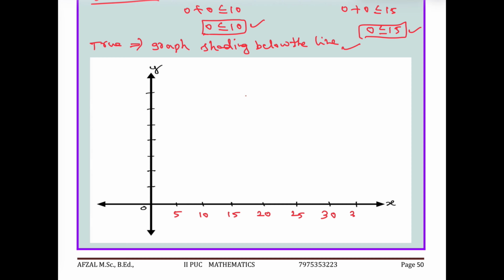7. Therefore, cos theta equals b1 dot b2 divided by magnitude of b1 into magnitude of b2, under modulus.